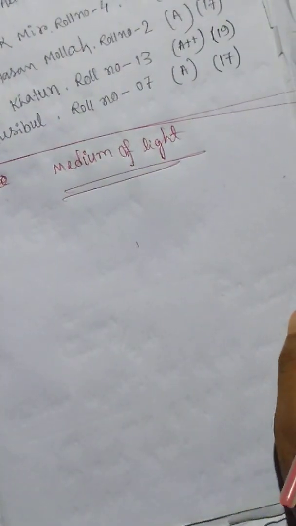Actually, a medium is a substance through which light propagates or tries to propagate.